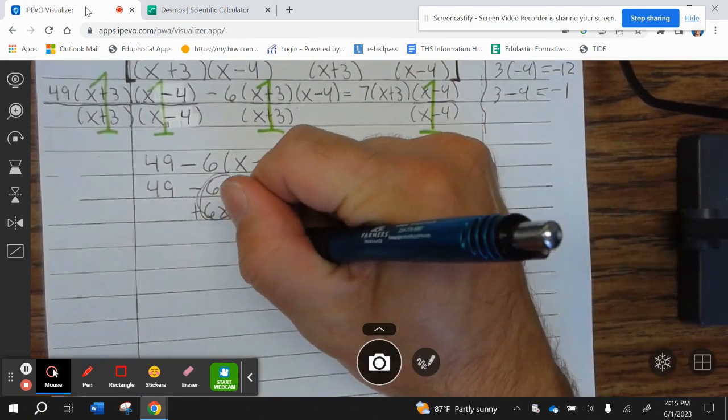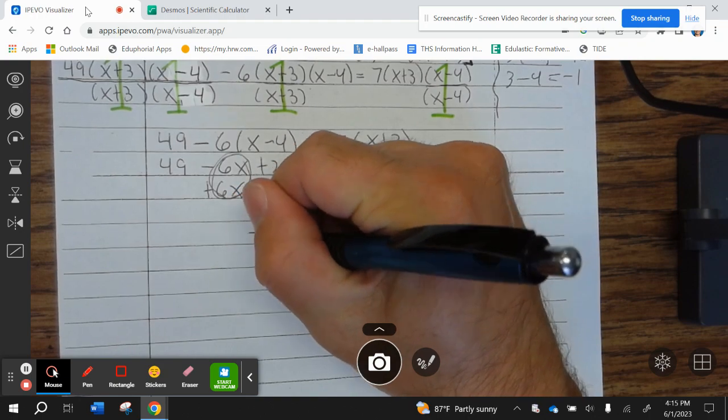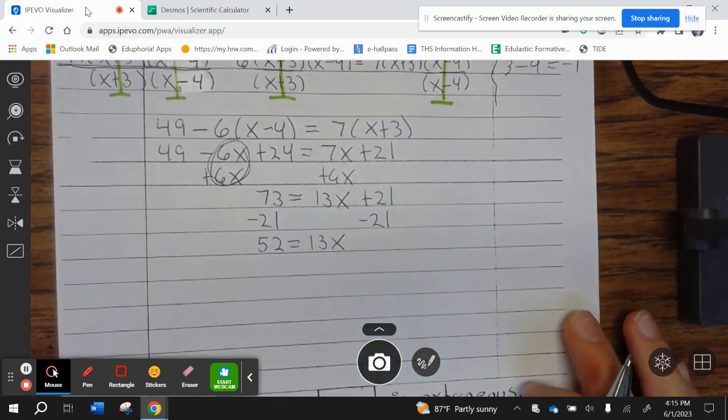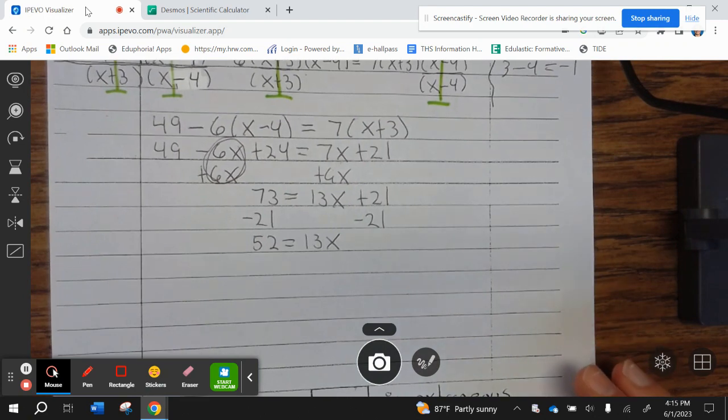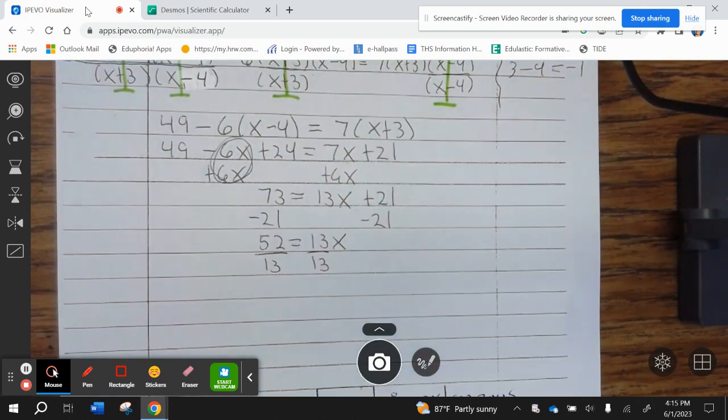Subtract 21 from both sides. That's 52 equals 13x. We're going to divide both sides by 13.